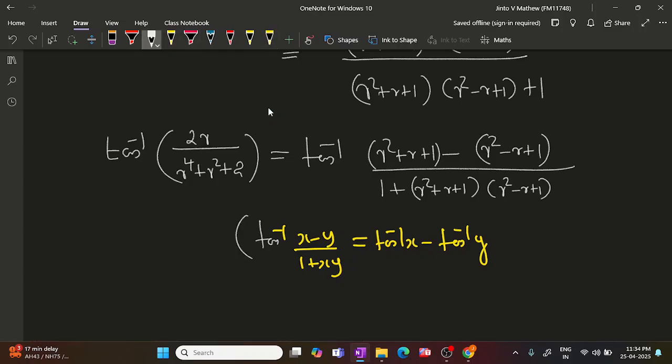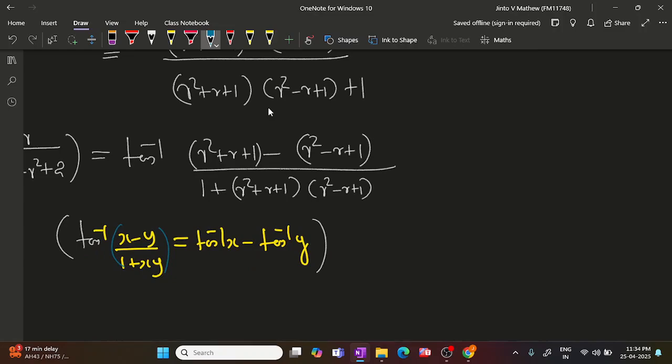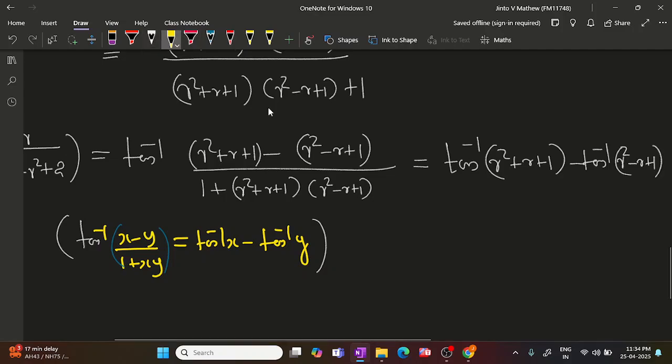We know that tan inverse of x minus y divided by 1 plus xy is tan inverse x minus tan inverse y. So this can be written as tan inverse r square plus r plus 1 minus tan inverse r square minus r plus 1.